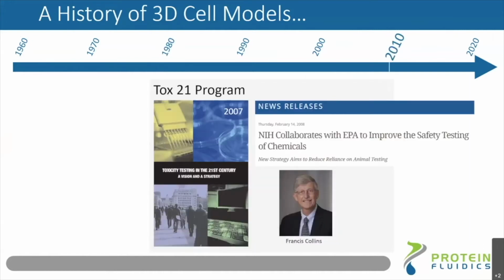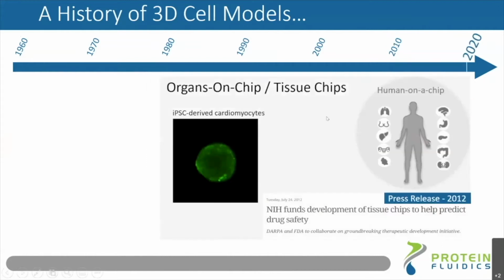So with these amazing cell models, the government started saying, okay, well, how can we use these? One way was the Tox21 program, spearheaded by Francis Collins, where you could take different cell models, really focusing on three-dimensional cell models, to do safety testing, ADME tox testing, and drug discovery. Following that was the move into organs on a chip in the tissue chips programs, showing here the beating cardiomyocytes, which are always kind of fun to look at, but these are really mimicking the heart function in a dish, using patient-derived cell lines.